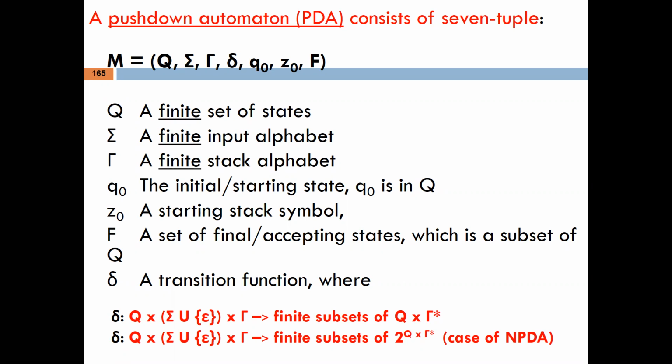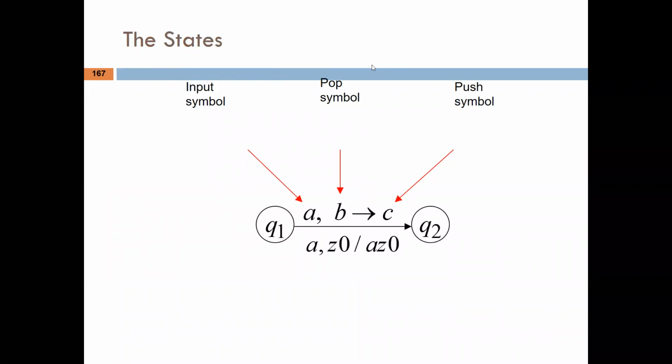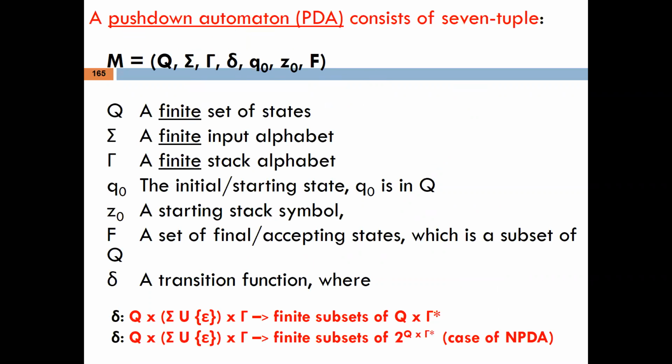Just see all the tuples, and if you feel any doubt in any tuple or the model diagram, then please let me know. Then I will start to explain the state diagram, how we can represent the transition through the state diagram. Before going to the state diagram, just check the alphabets and the tuples. If you feel any problem, please let me know.